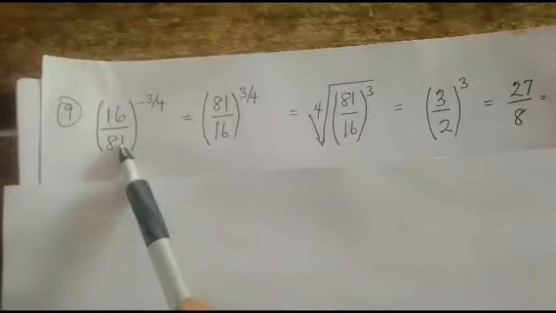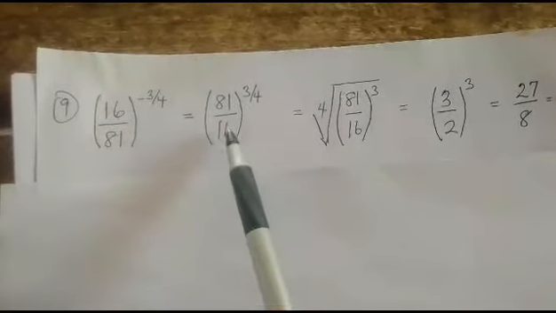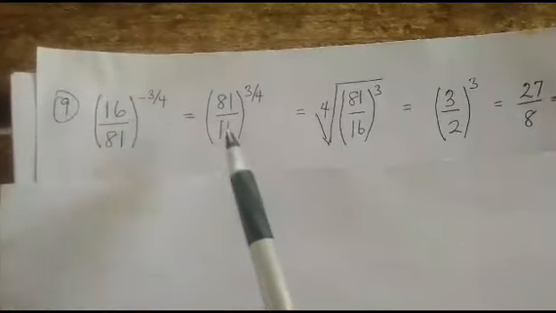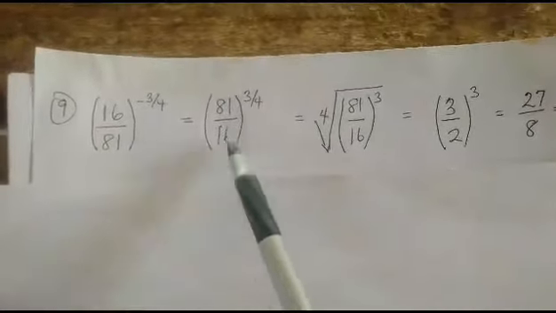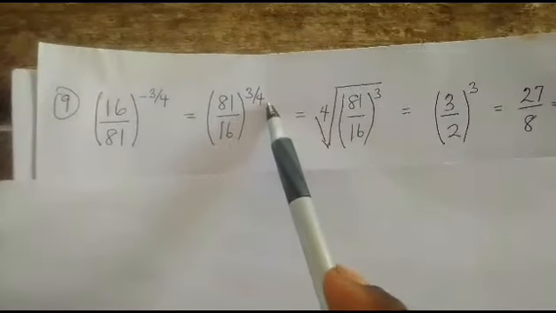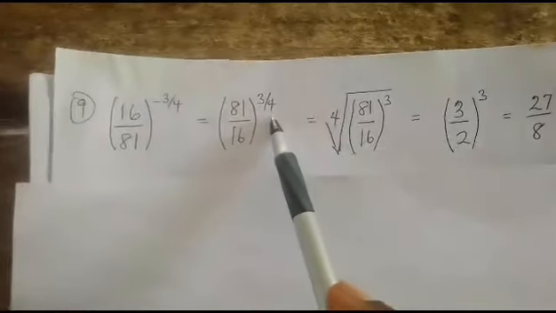So 16 over 81 turns to 81 over 16. That's the reciprocal. The one down goes up and the one up comes down. Then it is raised to the power of positive 3 over 4.